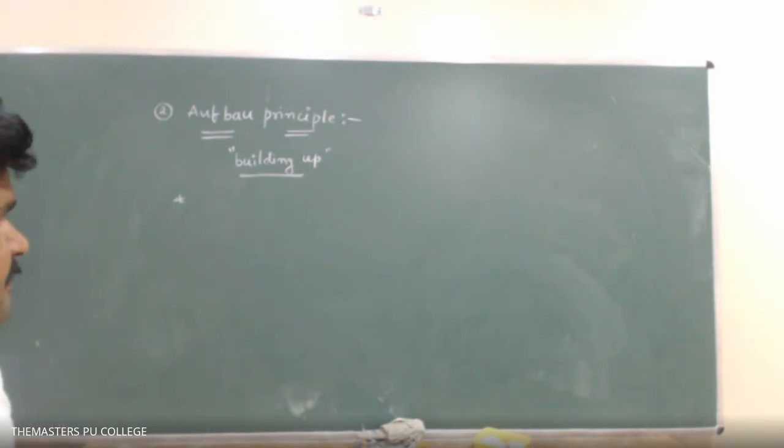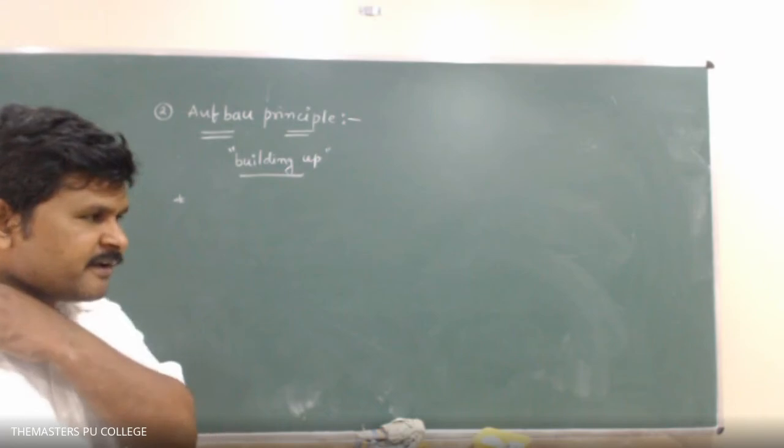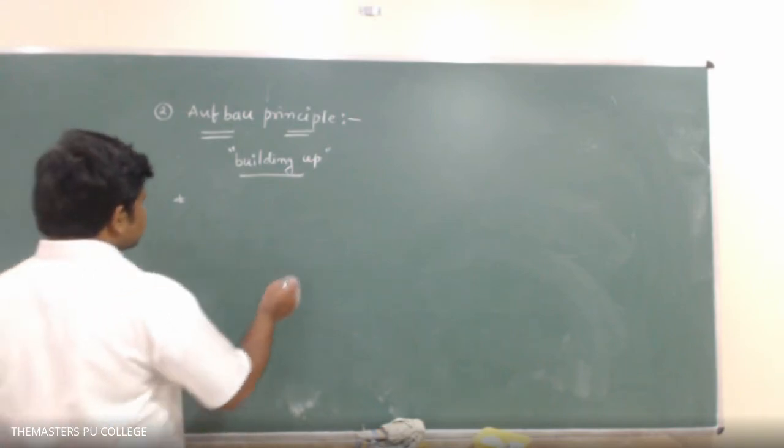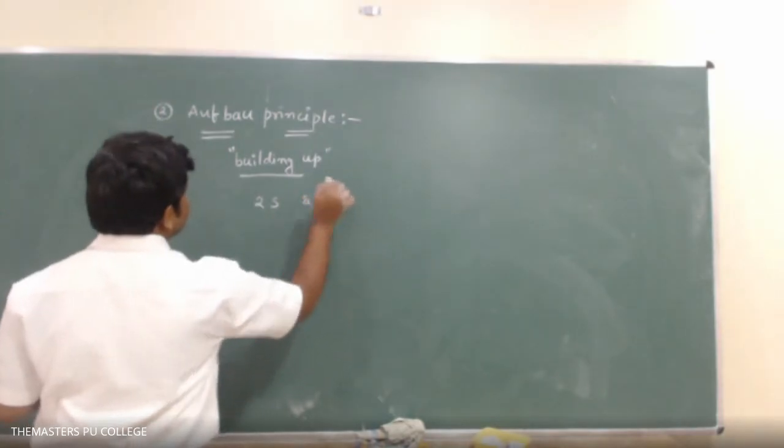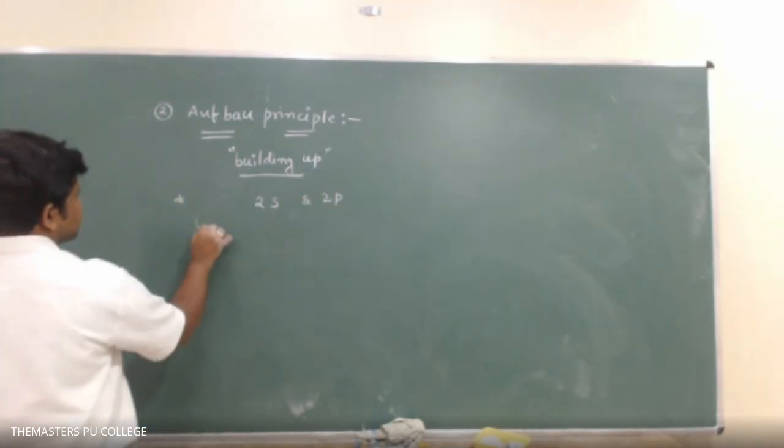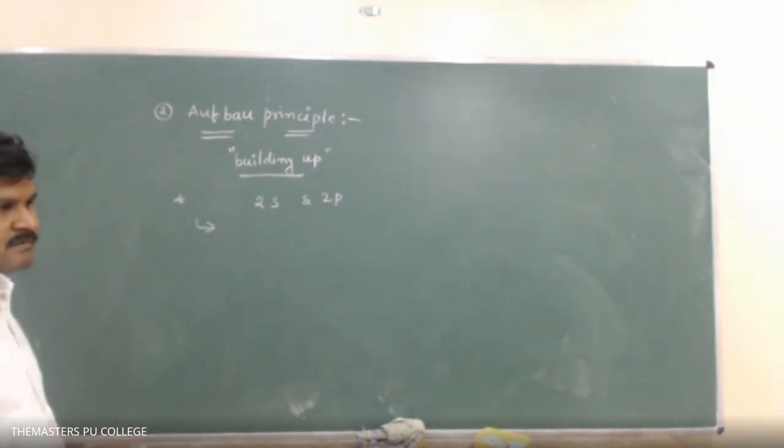That is the statement. See, by taking the 2s orbital and 2p orbital, we have to explain which has the least energy.